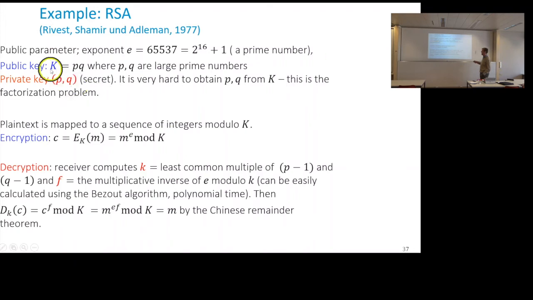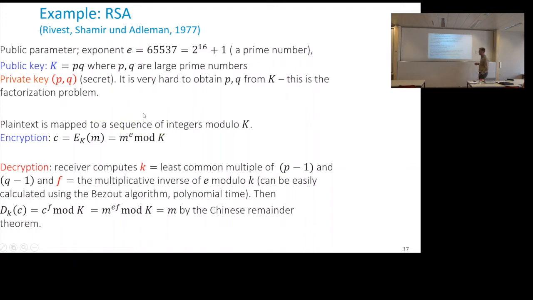So the public key is the product of those two things. Now, it's based on the following mathematical computation. The plain text has to be mapped to a sequence of integers modulo the public key. So this public key is very large, so this is with a lot of space.